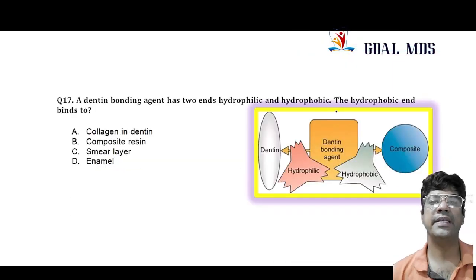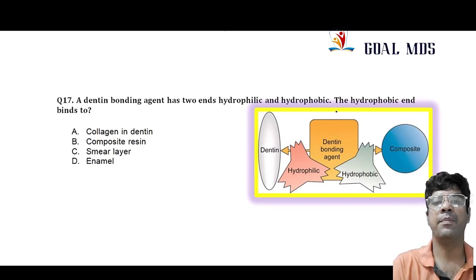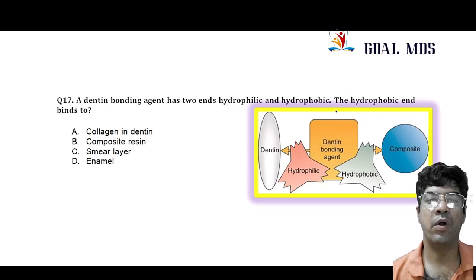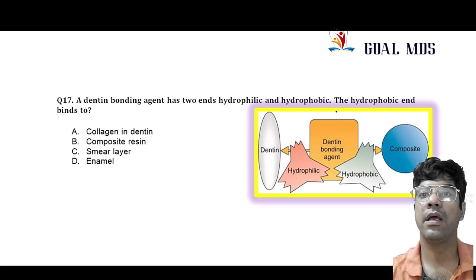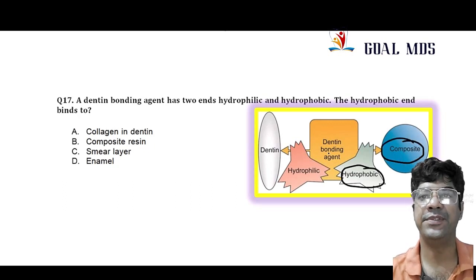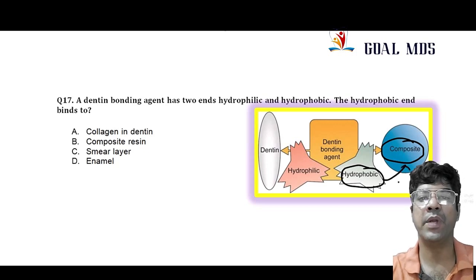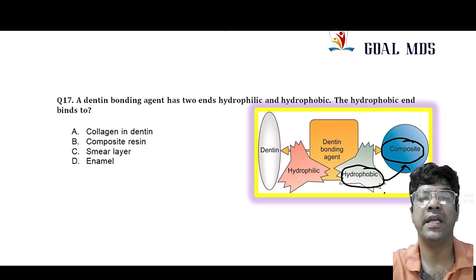A dentine bonding agent has two ends, hydrophilic and hydrophobic. The hydrophobic end of the dentine bonding agent binds to the composite resin. That interaction helps in creating a strong and durable bond between dentine and composite, which will enhance the longevity and performance of the restoration.